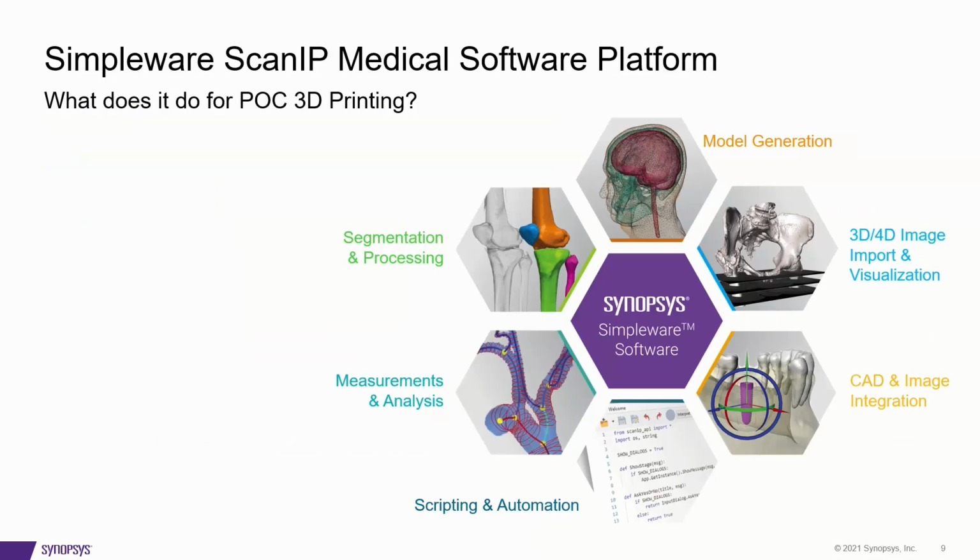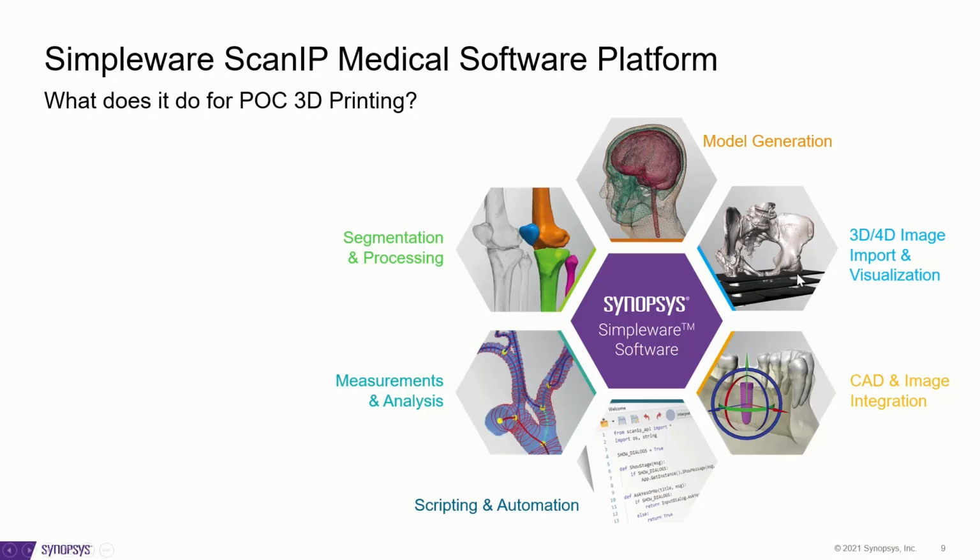So what does Simpleware do for POC 3D printing? On the right here is a graphic outlining the different things that can be done. Starting from the top, model generation: STLs, 3MF, different formats typical for 3D printers can be exported. You can import 3D or 4D image data, for example 4D cardiac CT.